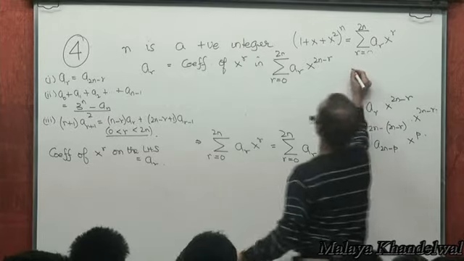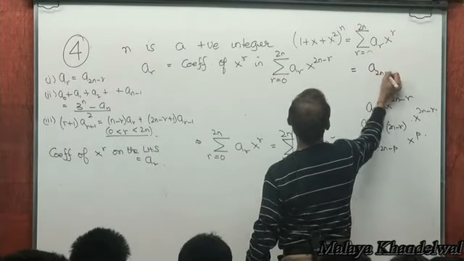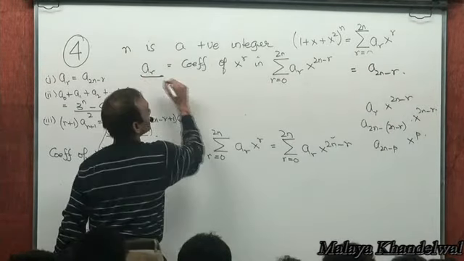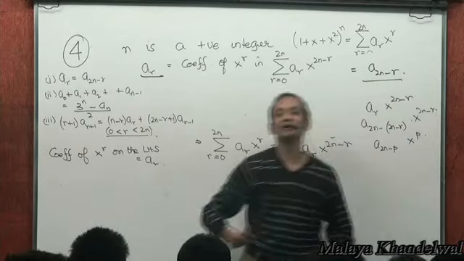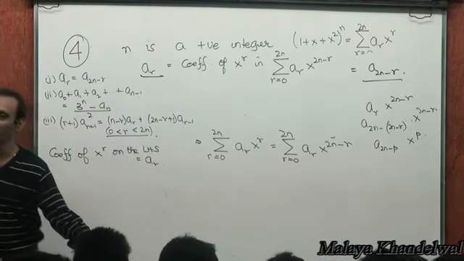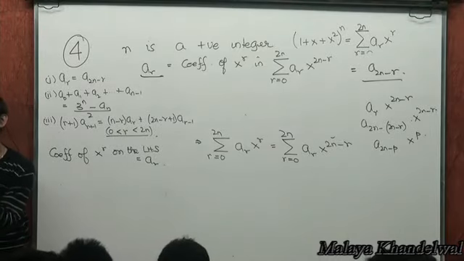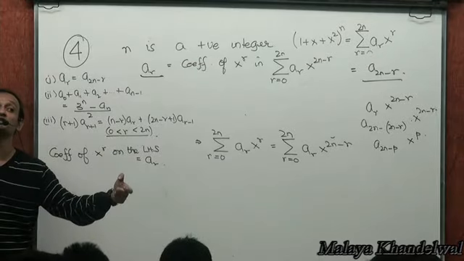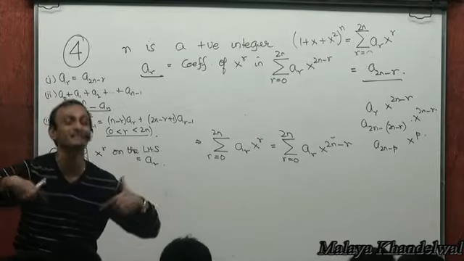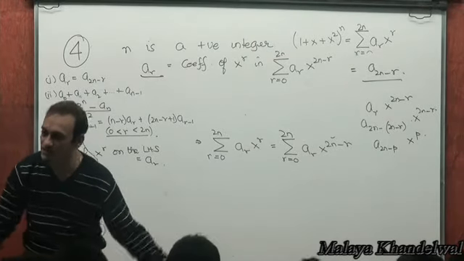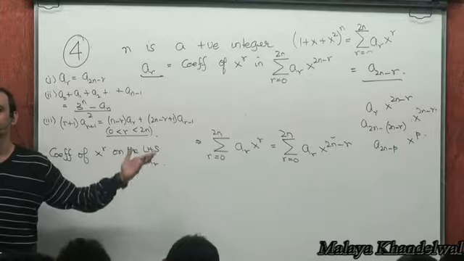So ar then turns out to be a 2n minus r. a0 will be a2n, a1 would be a2n minus 1, a2 would be a2n minus 2. Coefficients of terms equidistant from the beginning and end in this expansion are the same.